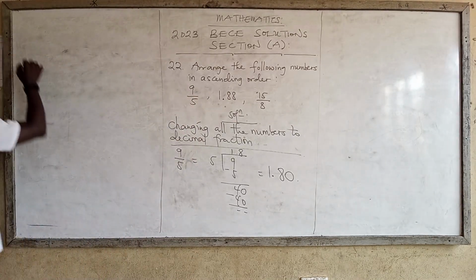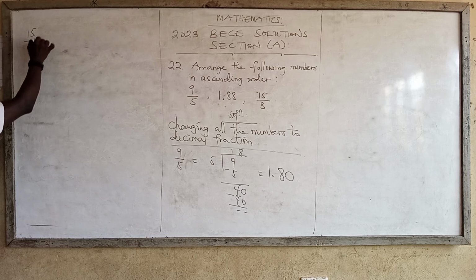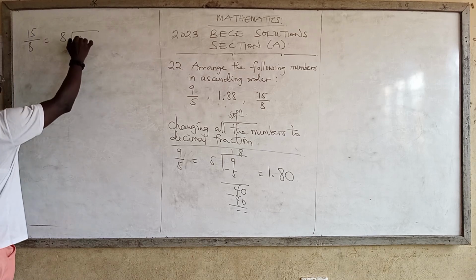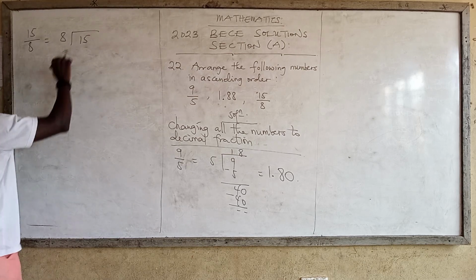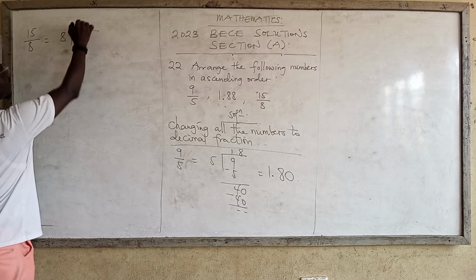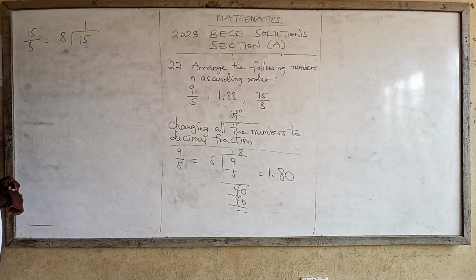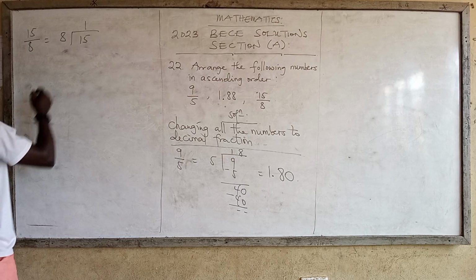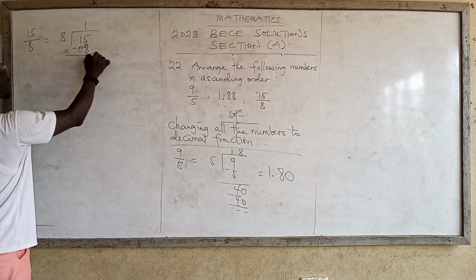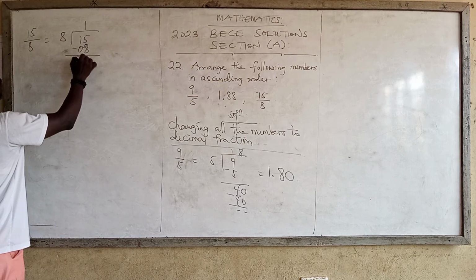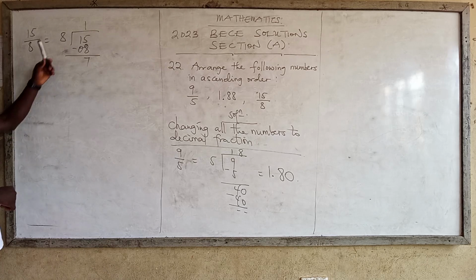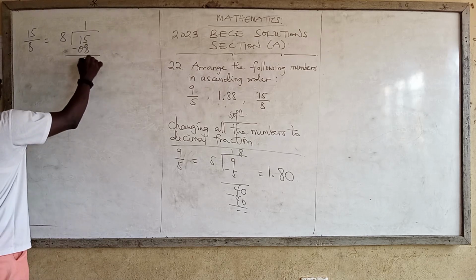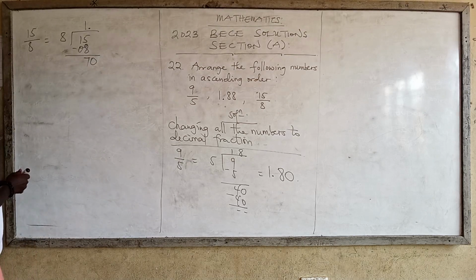And let's change 15 out of 8. So 8 out, 15 in. 8 will go into 15 how many times? 8 into 15 one time. 1 times 8 we obtain 8. We subtract, we get 7. Now let's see, 8 will go into 7 no more. Bring down a 0, then point.